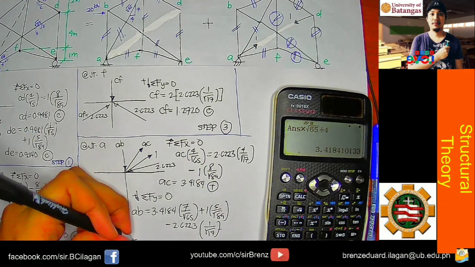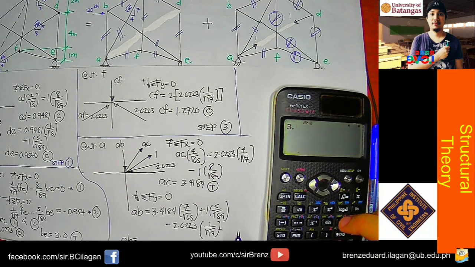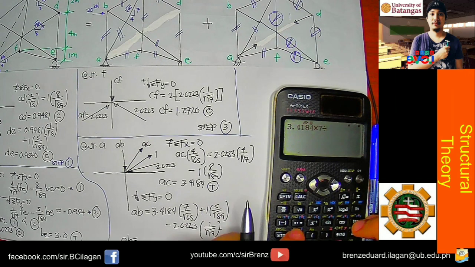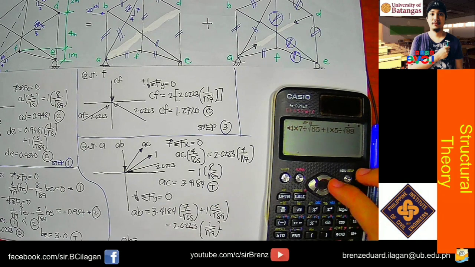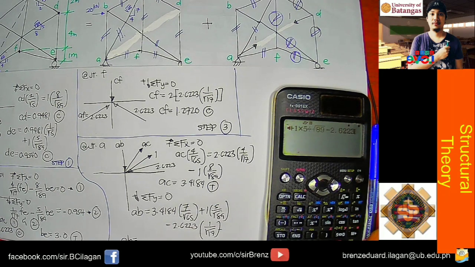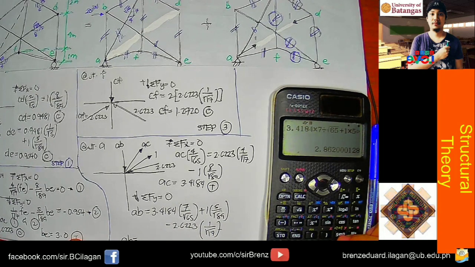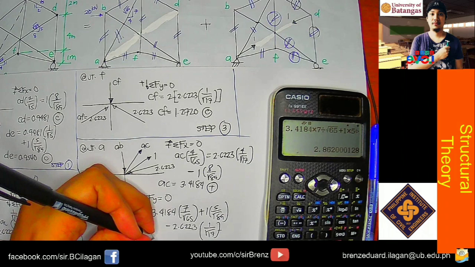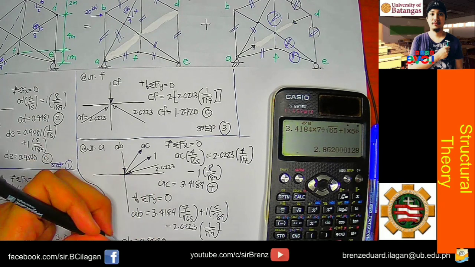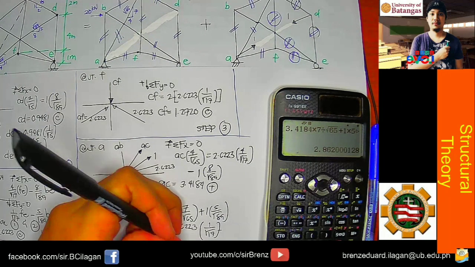So we will have a value of AB equals 3.4184 times 7 divided by square root of 65, plus 1 times 5 divided by square root of 89, and then minus 2.6223 times 1 divided by square root of 17. So the answer is 2.8620. Okay, so this is in compression.